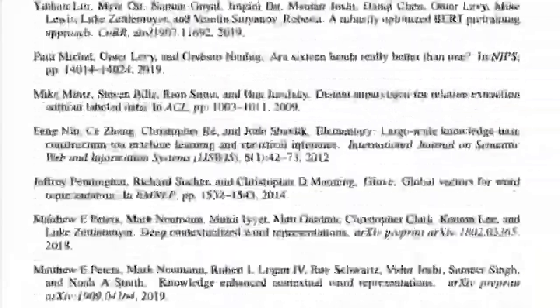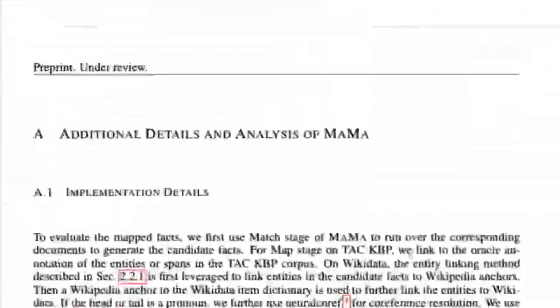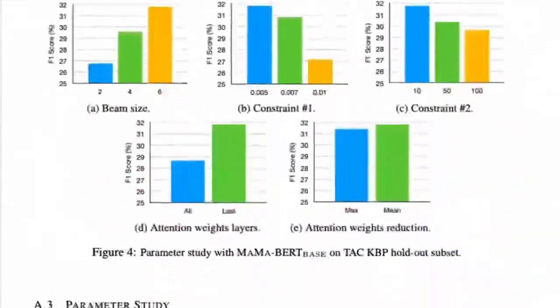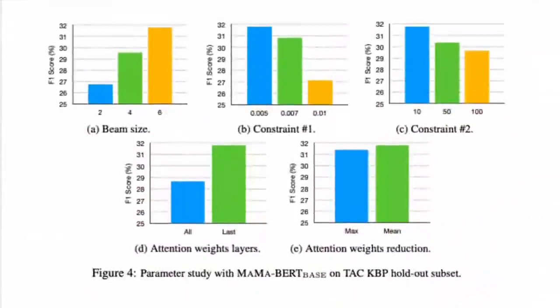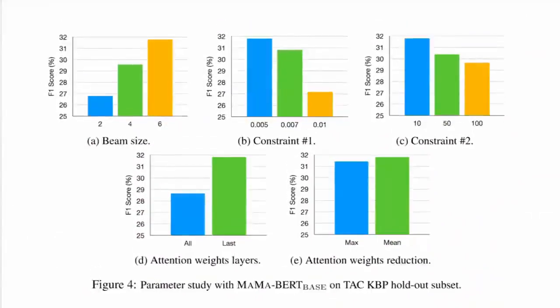But okay, we're going to look at a few last things right here. They have a bunch of experiments where they show the beam size has an influence. This constraint number 1 and number 2 that we looked at has an influence, so you can tune these things a bit.